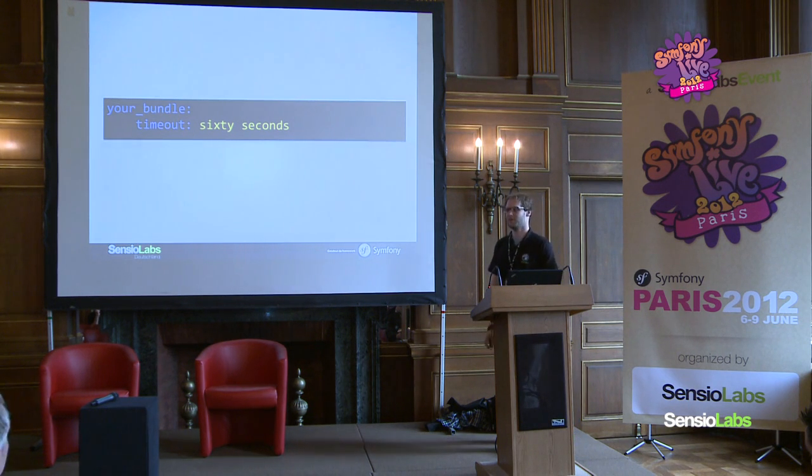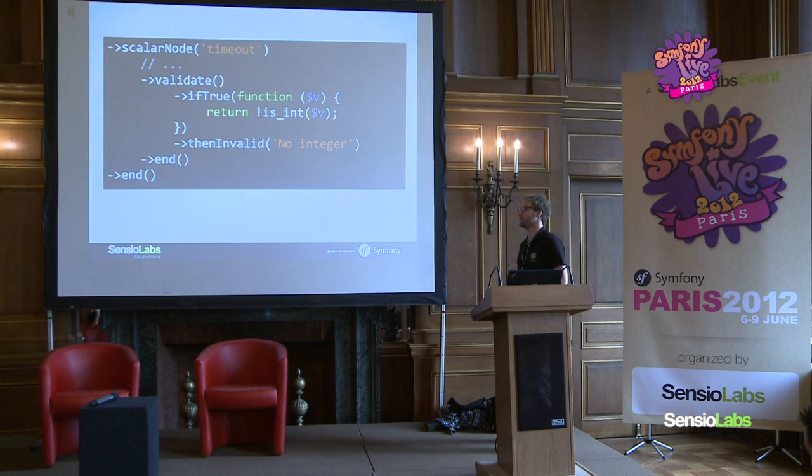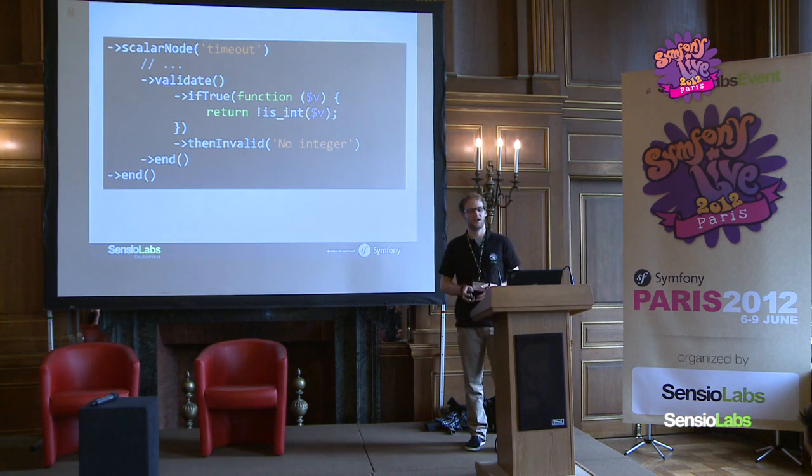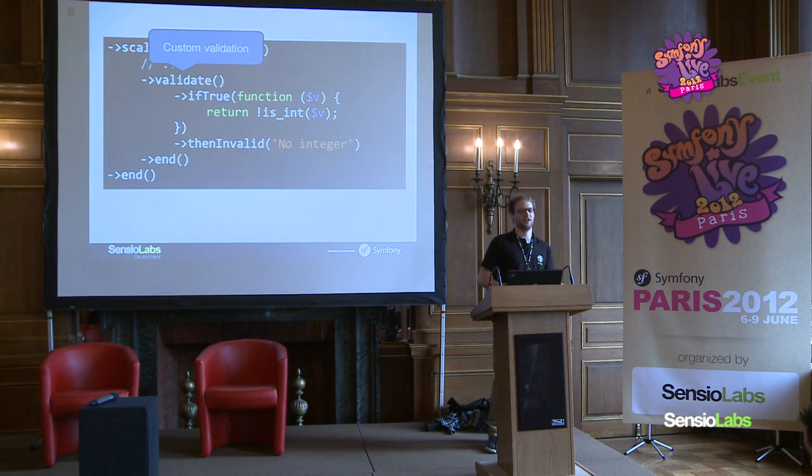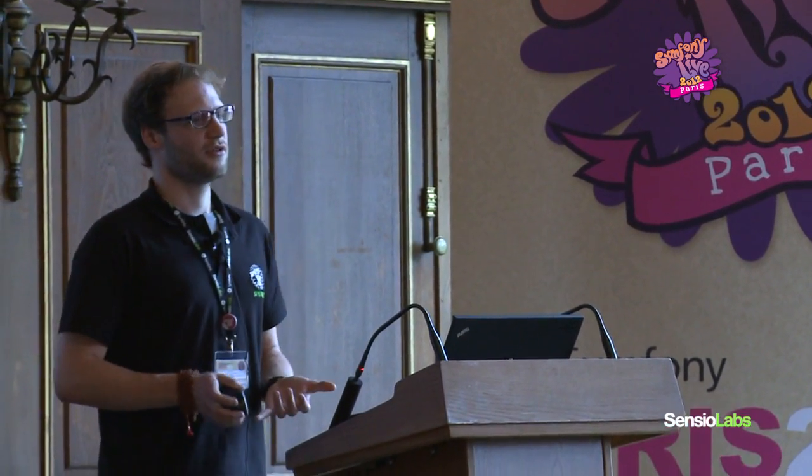But the config component is pretty smart when it goes to validation that you can define. So if you have your scalar node and you have your options you set already, you can do custom validation. And custom validation is pretty cool. You have this ifTrue method where you can pass a closure to it, and you can use this closure to validate this specific value.